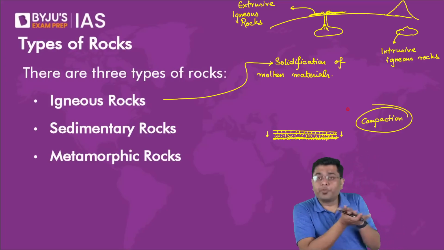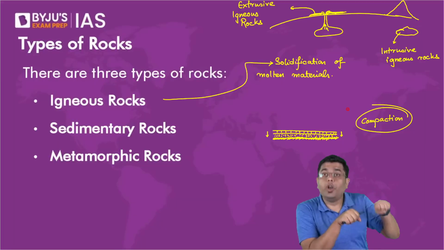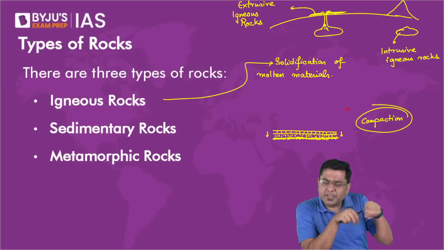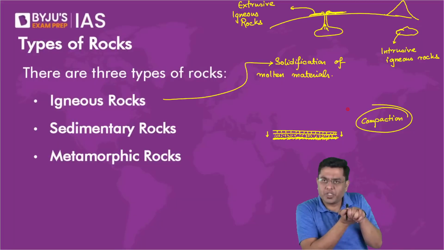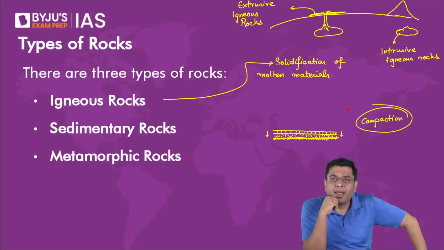Eventually, through a process that is also referred to as cementation, they will solidify, where the various different minerals will combine with each other, solidify, and create a rock. And that is the sedimentary rock. So, that is how sedimentary rocks can be created.